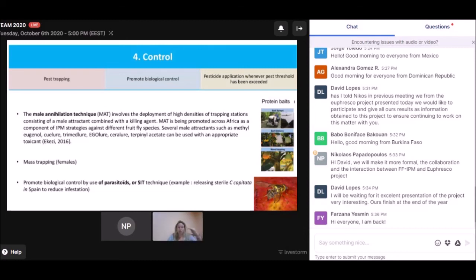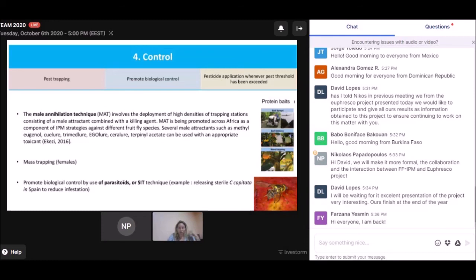Then you also have to use bait, the mass trapping of females by using lures or attractants, which would be a food-based attractant to also have an impact on the female population. Then one that you're going to hear in a few moments from our colleague is promoting biological control by the use of parasitoids, or SIT techniques, which are being developed, like for example for Ceratitis capitata in Europe, in Spain, to reduce infestation in different areas.